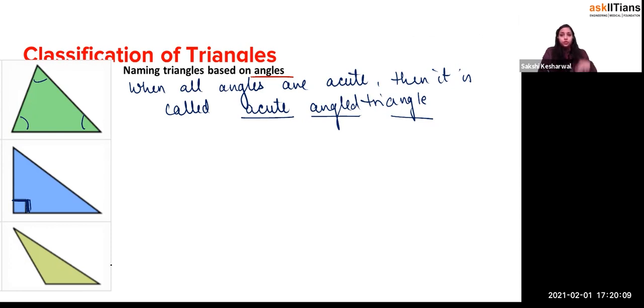If two angles are right angles, their sum will itself become 180 degrees, so you cannot have a triangle with two right angles, right?